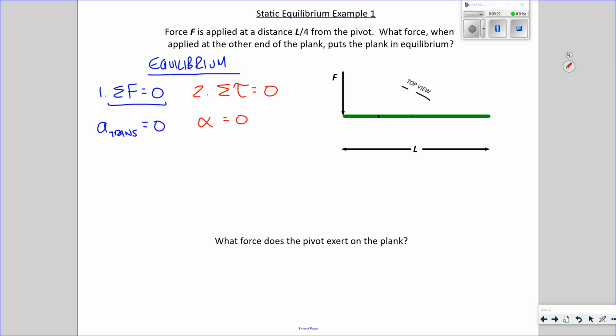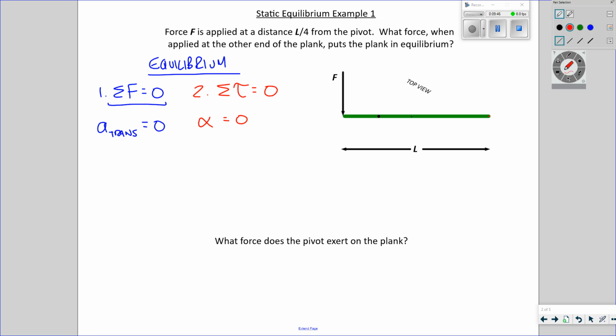Okay? So we are going to use a net torque approach to solve for the force at the other end that puts this object in equilibrium. Lots of you right off the bat have an intuition of how big that force is, but we'll prove it.